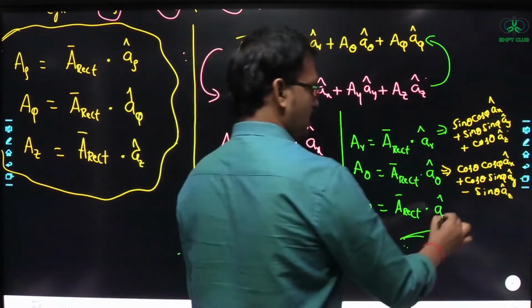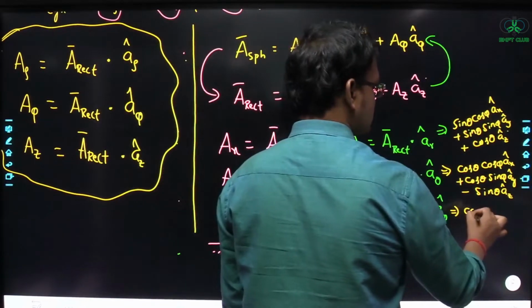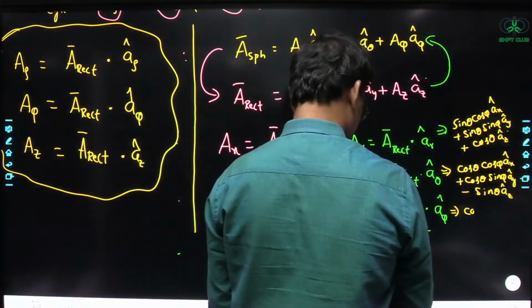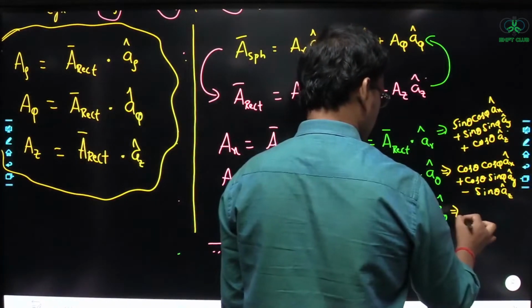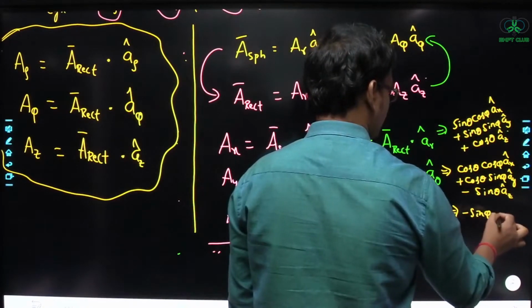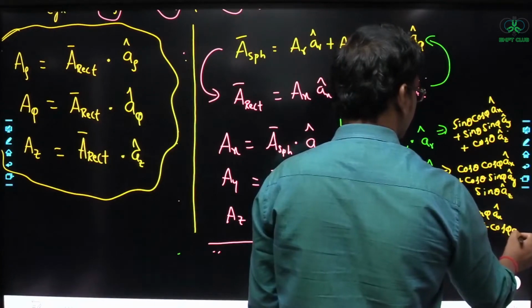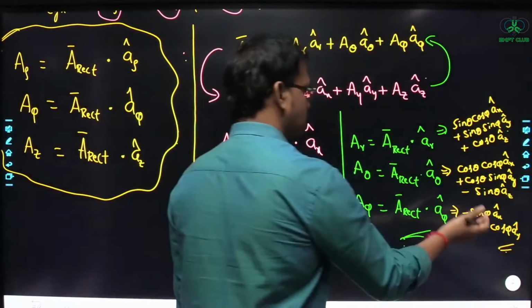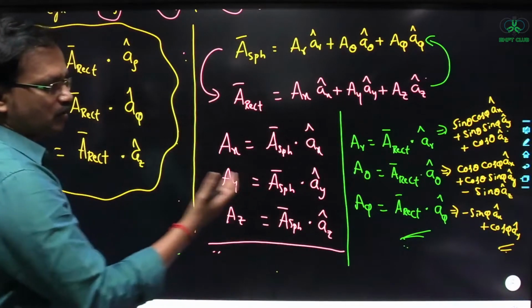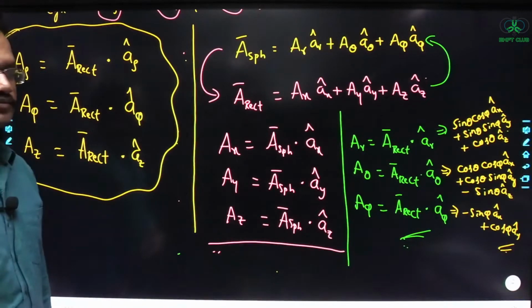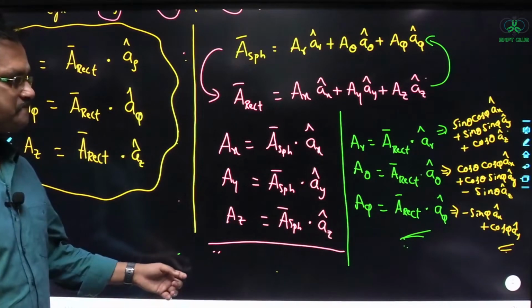And here a phi cap is nothing but minus sin phi ax cap plus cos phi ay cap. Just do the dot product between these two, you are going to get that one, right?